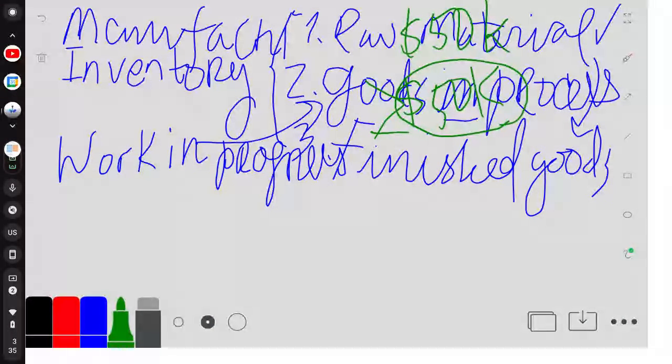But if you disassemble it, part by part, component by component, not chop it up, then at least you have those raw materials back at their original cost. You can sell them back at probably near their original cost.